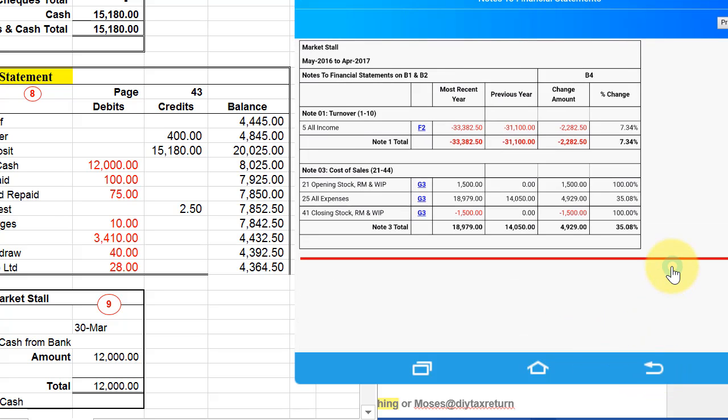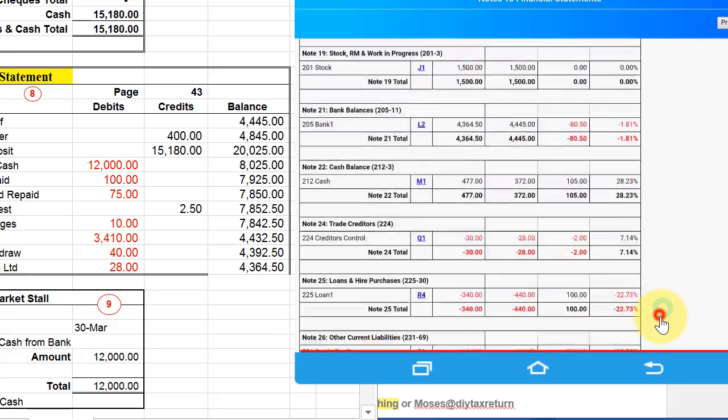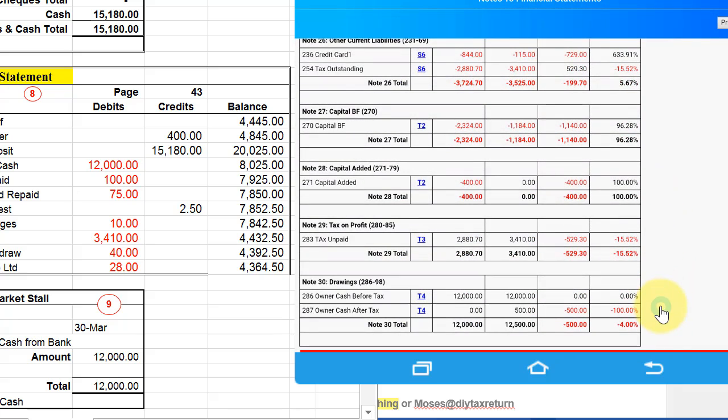Okay, let's go back and we scroll down. This is T2, capital brought forward 2324, closing balance at the end of the previous financial year was 1184. And that's an increase of 1,100, which is about 100% increase.